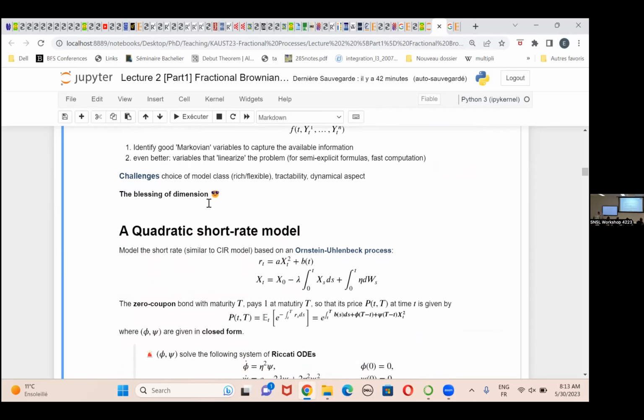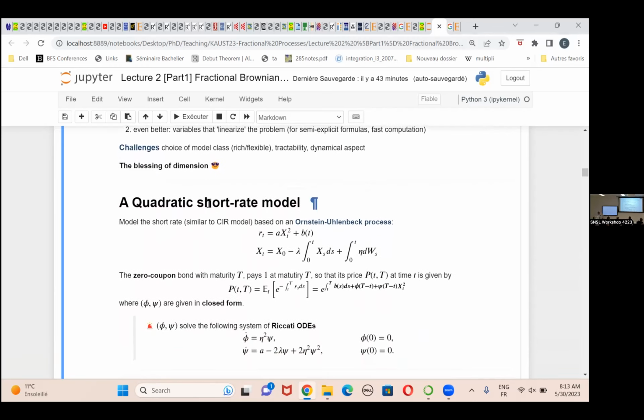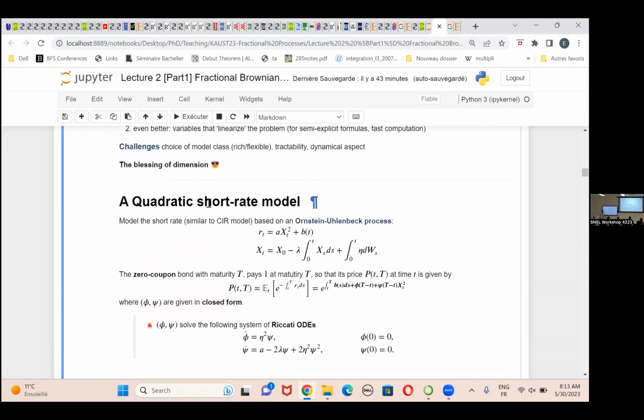So now let's get closer to the object that we're going to consider in this first part, which is Gaussian Volterra processes. So just to fix notation and motivate the next part, let's consider simply an Ornstein-Uhlenbeck process X. So if you're interested in finance, you can use it, for instance, as a very basic block to construct short rate models, where r will be the short rate.